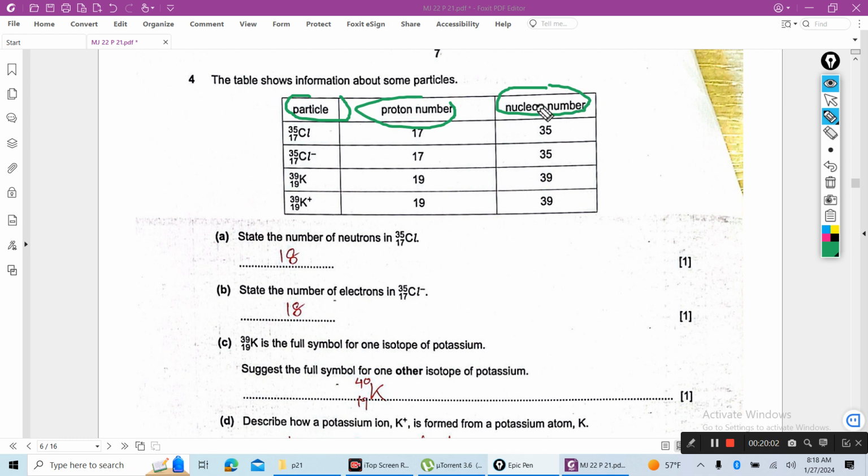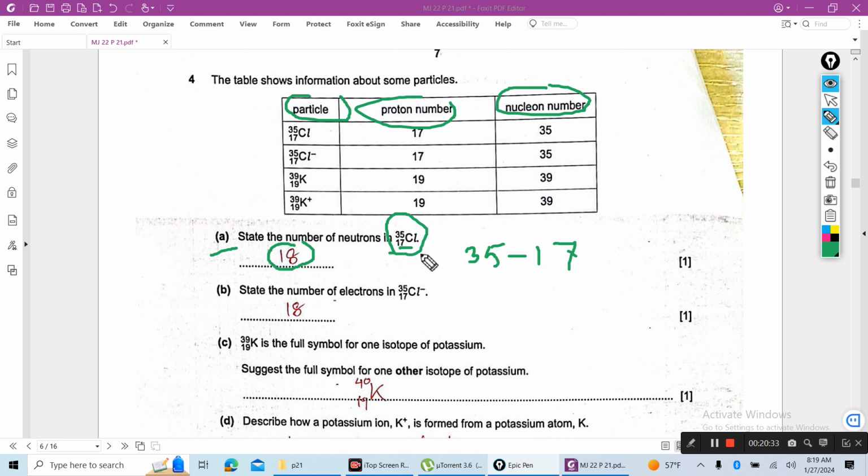So number A, state the number of neutrons. Here nucleon number, mass number 35, proton number 17. 35 minus 17, you will get the neutron number, because mass number equals number of protons plus number of neutrons.